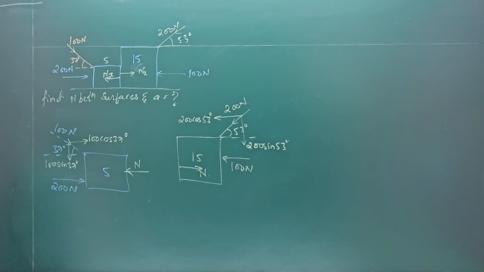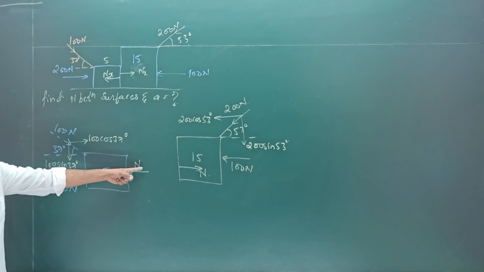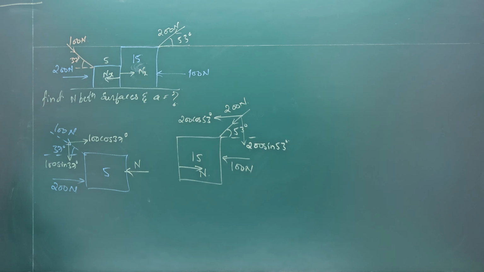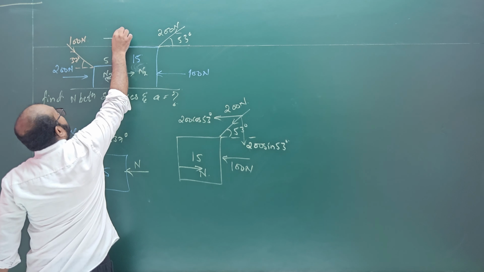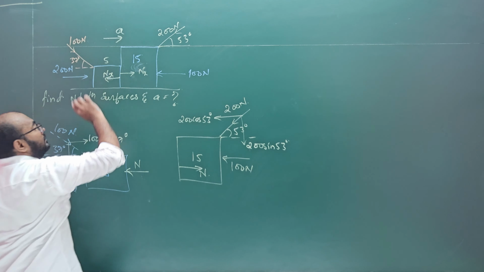Yes? Okay, now 100 cos 37 is acting in this direction, 200 is also acting in this direction, N is acting in this direction. We don't know which one is greater and which one is smaller. Let us consider the whole system is moving in this direction. Yes or no? Okay, if I consider the whole system is moving in this direction, that means the F net of this force will be greater and F net of this force will be smaller. Yes or no?